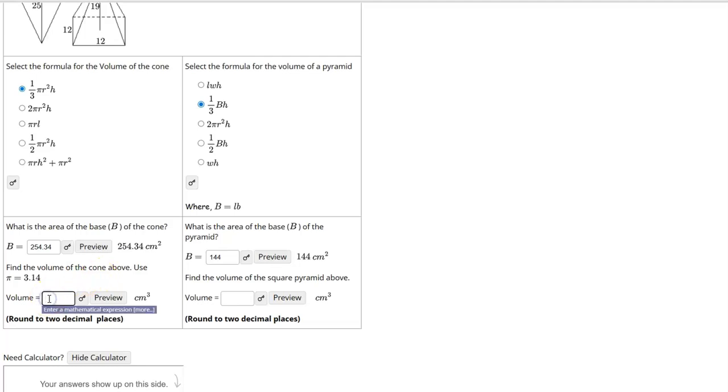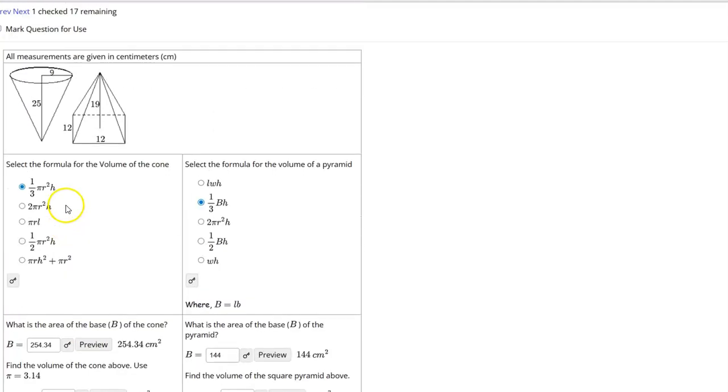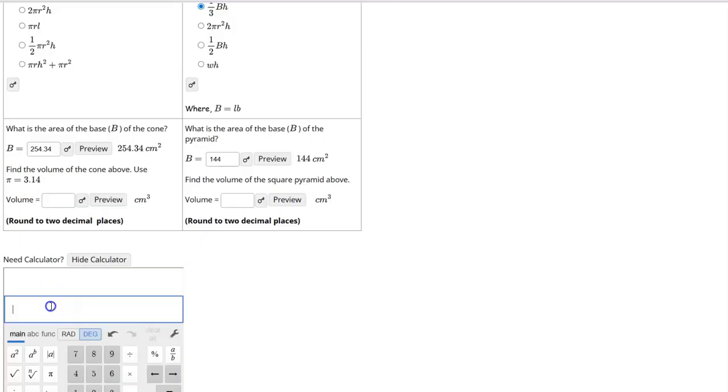Now to find the volume, you multiply the base area and the height and multiply by 1/3. So basically you do 1 divided by 3 times the base area.